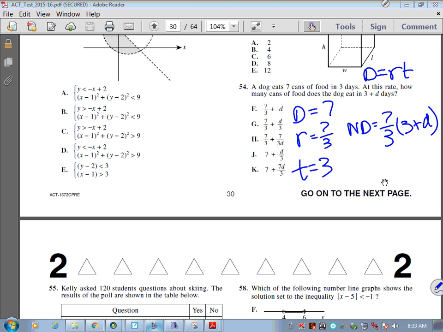That's 21/3, which reduces to just 7. So I get 7, and then 7/3 times d is 7d over 3. So this is just a rate question.